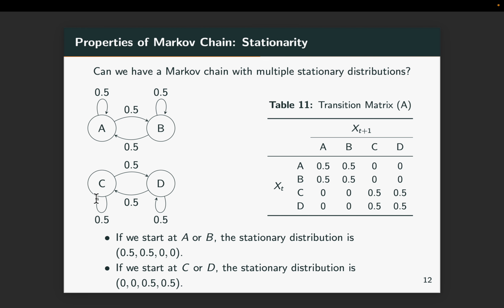Yeah. If you start with A or if you start with B, the stationary distribution is 0.5, 0.5, 0, 0. If you start with C or D, the stationary distribution is 0, 0, 0.5, 0.5. Right? You will be stuck at either of the 2 islands. You will not be able to escape those islands. Good questions on this?